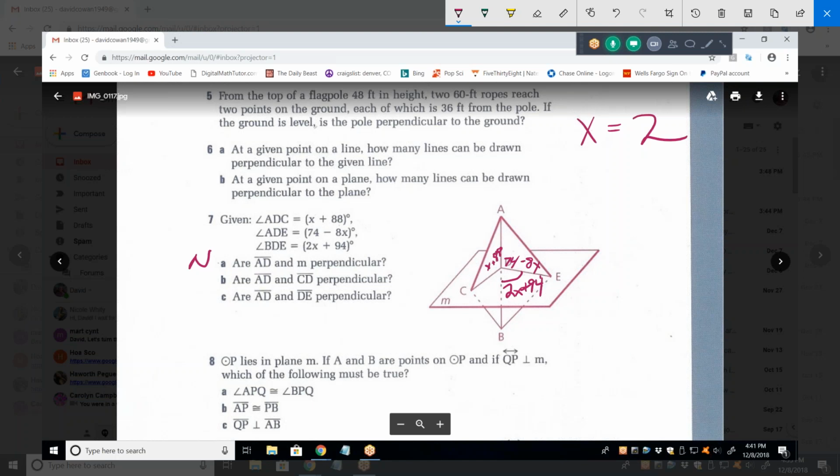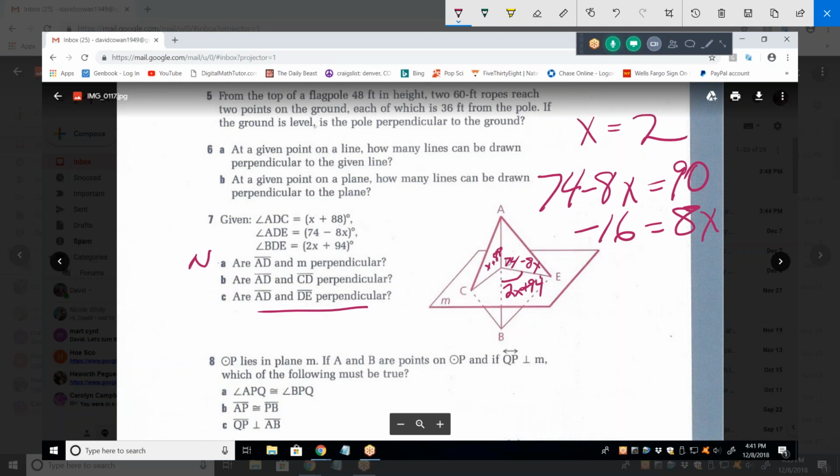Well, actually, I think that one is just specifically for C. Yeah, that can't be true, right? Because that means 74 minus 8x would have to equal 90 degrees, which means 8x would have to equal minus 16.